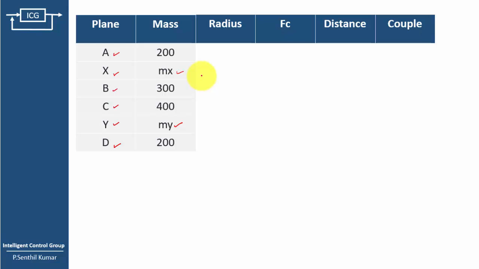Then the corresponding radius, radius of mass A is 80 mm. Then B, C, D are 0.07, 0.06, 0.08 meter. Then the radius of the balancing mass is 100 mm, that is given in the problem, so we will take it as 0.1 meter. Now we have to calculate centrifugal force.